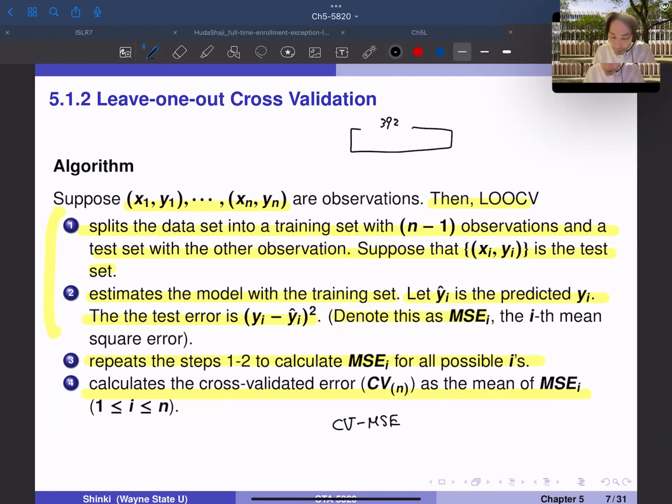Then suppose we have another new data set with 10,000 observations. It will have some mean square error, right? This is the expected mean square error in the sense that the sample size is large. And to estimate this MSE, the cross-validation approach works well.